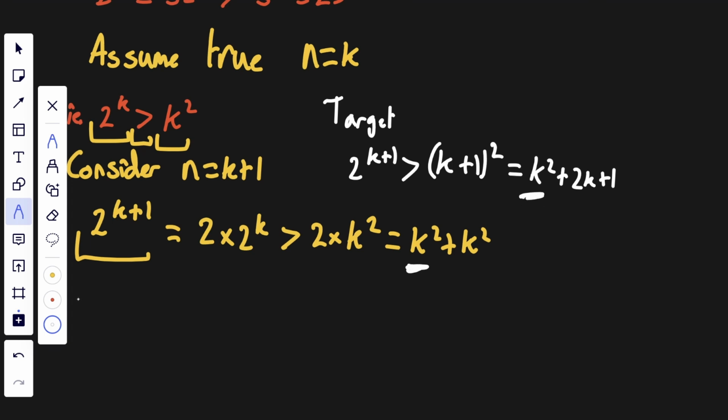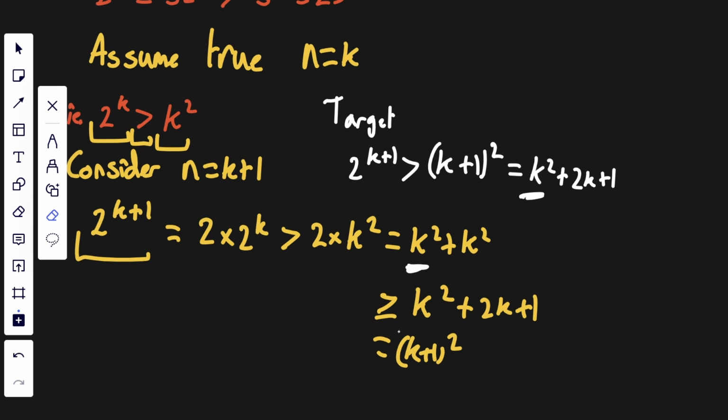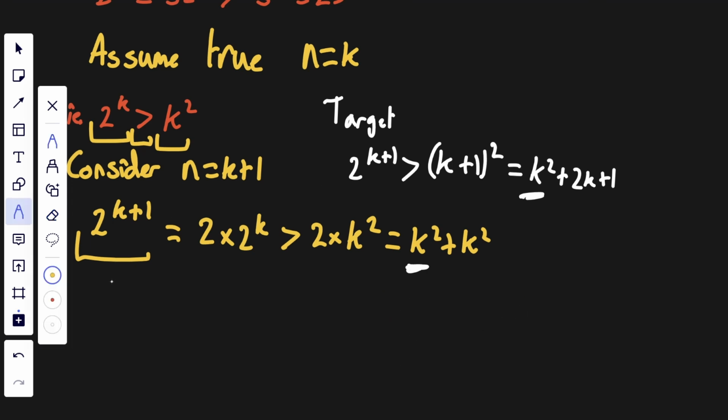They share this term in common now. So what I need is a greater or equal sign and to show that this must be true, because at that point, we're done. The only way I can do that is if I show that k squared is bigger or equal to 2k plus 1 for k bigger or equal to 5.